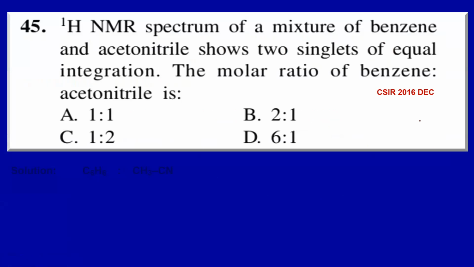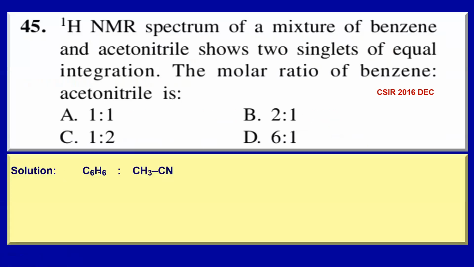Another example has come in CSIR 2016. Just now we have done the molar ratio. One is benzene, the other one is acetonitrile or methyl cyanide. So 6 hydrogens, 3 hydrogens. One equivalent each. To make it equal, you need to take 2 equivalents, so it will become 6H if you take 2 equivalents. But actually the molar ratio was asked.